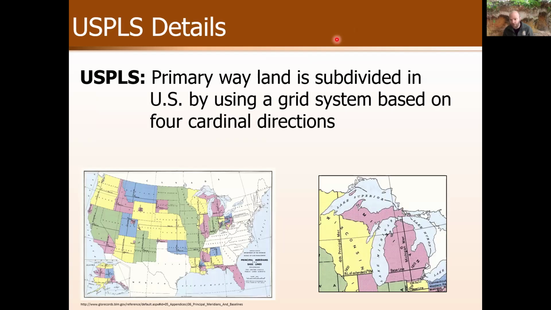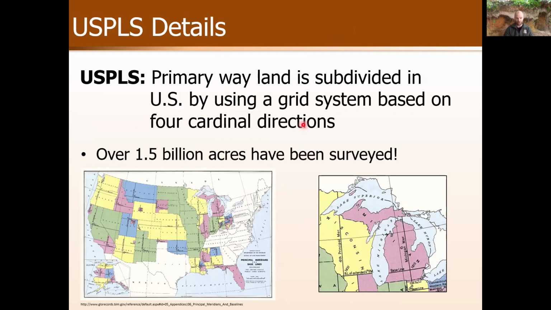Okay, so what are the details of the US PLS, the US Public Land Survey System? This was the primary way land is subdivided, and it is a grid system, really, again, kind of squares. Think about sequentially smaller and smaller squares gridded out across the US using the four major cardinal directions.